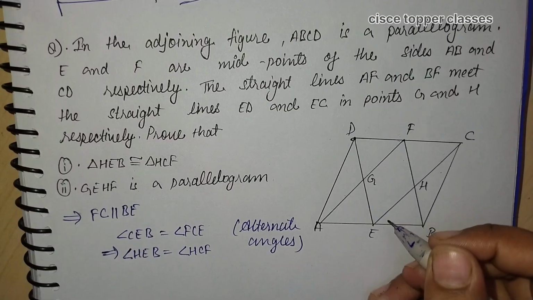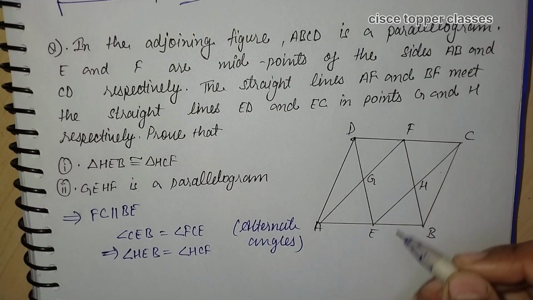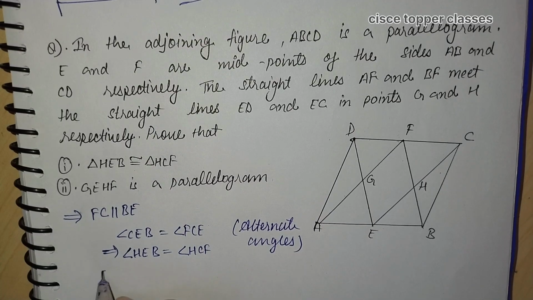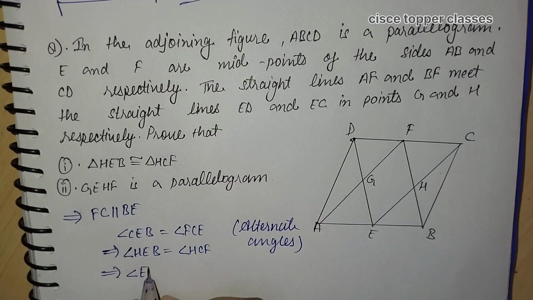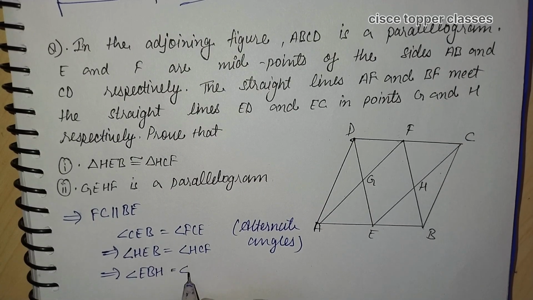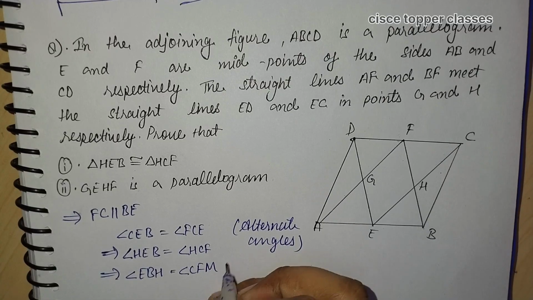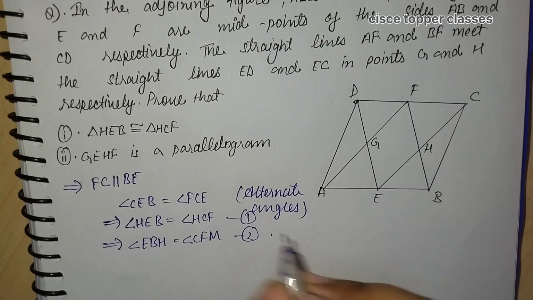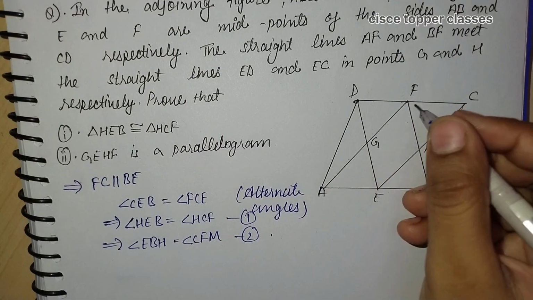Now again we have alternate angles here in EBF and BFC. So we can write it as angle EBH is equal to angle CFM by the alternate angles only. Let it be the first and let it be the second equation here. And E and F are the midpoints of AB and CD.